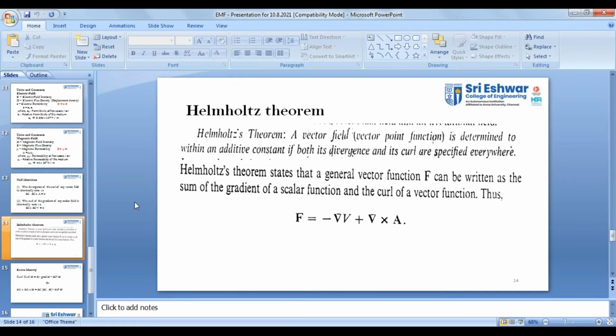If I do that, I will be getting the value for the general vector function f. This particular thing I am going to call the Helmholtz theorem.